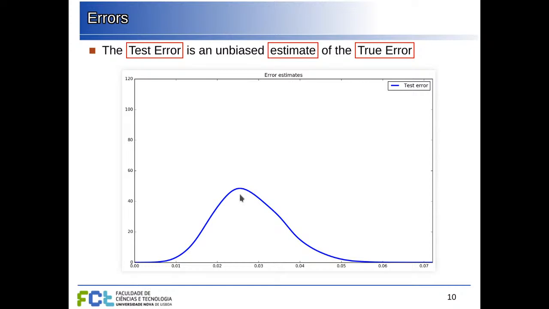So even though each time we measure the test error we are just taking a sample of possible values for these estimates, they are unbiased. It's an unbiased estimate because on average it will converge to the true error. So this is the basic idea. We are taking a sample of possible errors outside our training set by keeping a set of data, the test set, in order to measure the error after training our model.